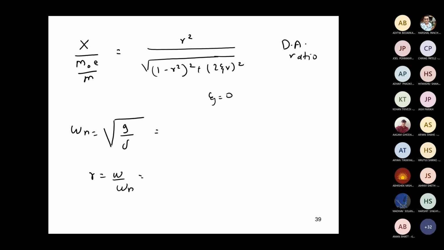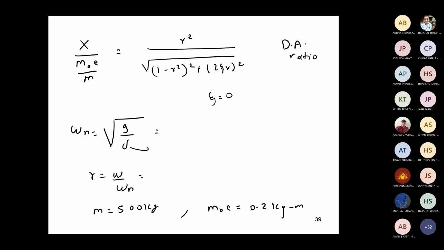And m is 500 kg. Unbalance is given as 0.2 kg meter. So M0E is 0.2 kg meter.